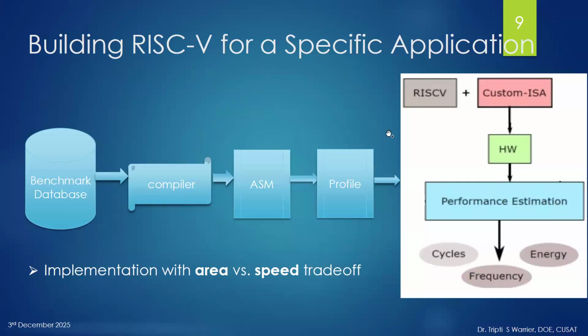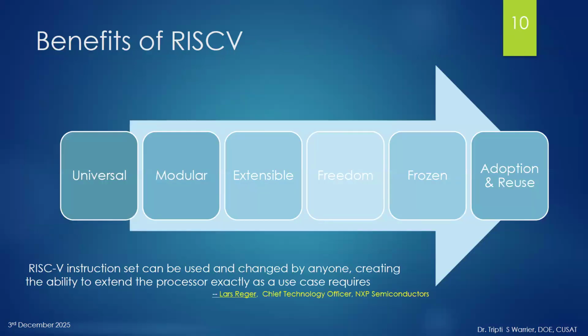Based on the profile data, you may have different possibilities which you can design, and then when you actually implement, you can choose the best design that is possible. So implementation will generally be an area versus speed trade-off. And this is a general procedure which industry generally uses to come up with its own design. I'm just presenting how you can start on this.